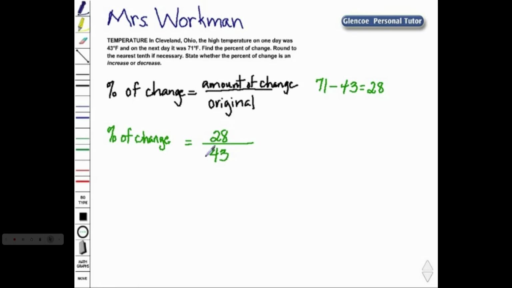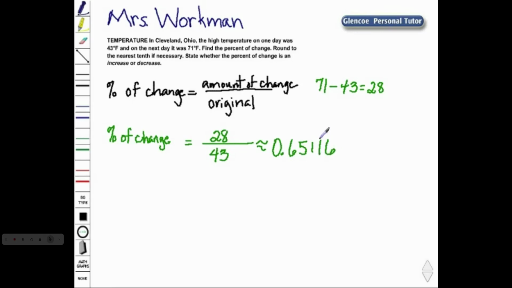Now if we do the division, this is a fraction, so we're going to change it to a percent by first rewriting this as a decimal. So we'll divide 28 by 43, and that is about 0.65116.